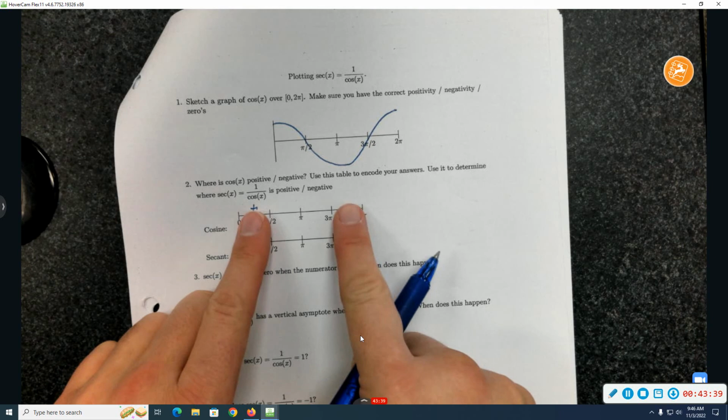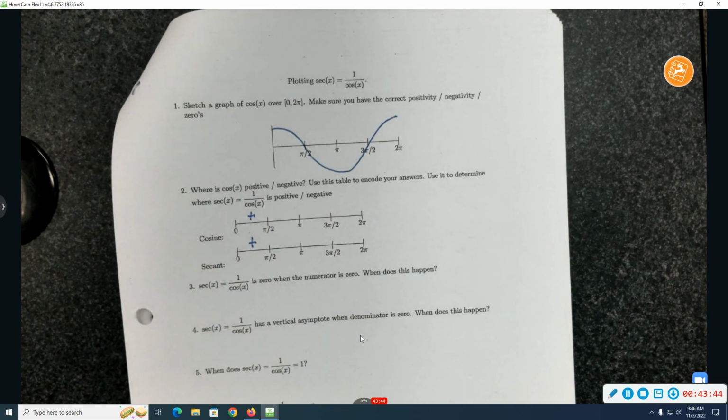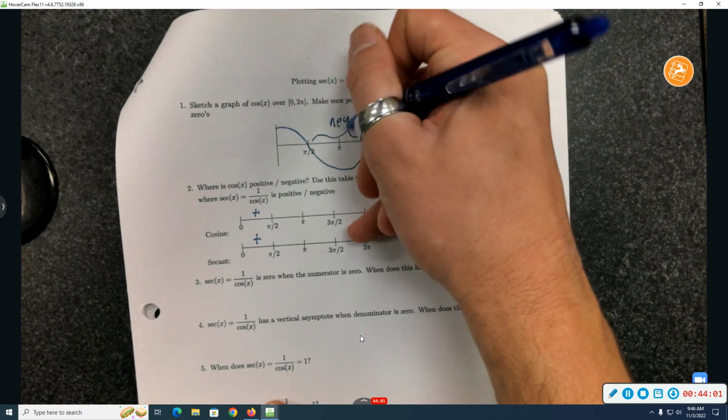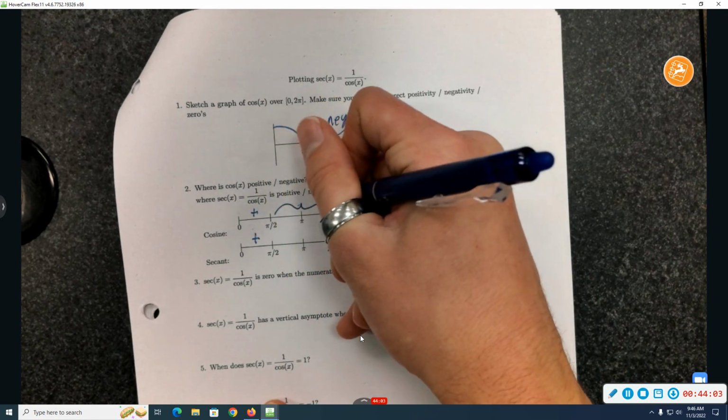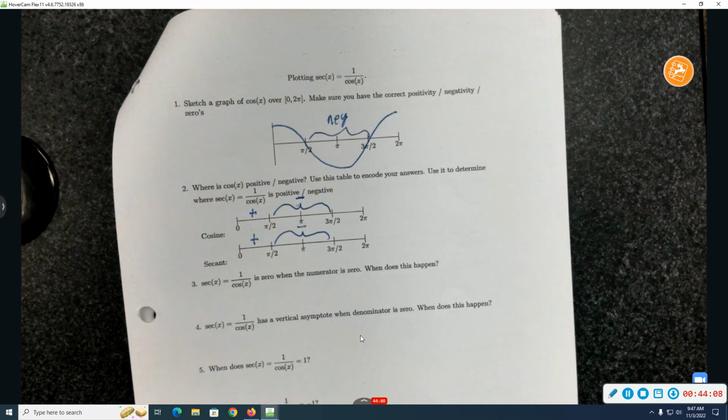Tell me where cosine and secant will be negative. All the way from pi over 2 to 3 pi over 2. It is negative over this range. So I guess it'll be positive the rest of the time. Is that correct?